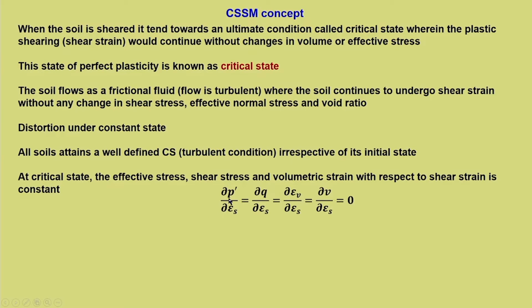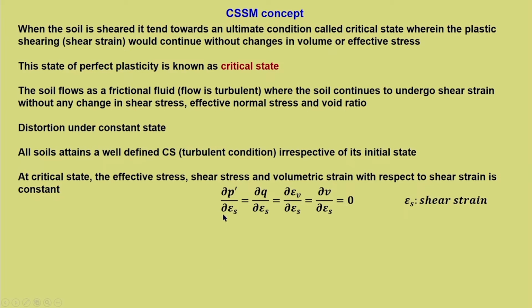That means ∂p'/∂εs = ∂q/∂εs = ∂εv/∂εs = ∂v/∂εs = 0, where p' is the effective or volumetric stress, q represents the shear or deviatoric stress, εv is the volumetric strain, v is the specific volume, and εs is the shear strain.